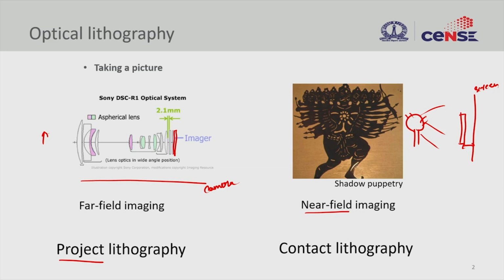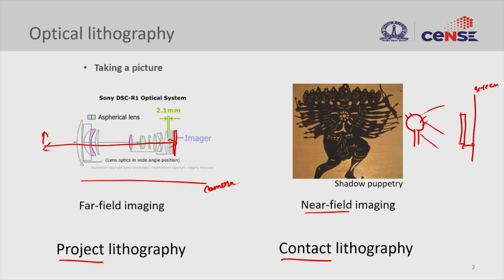But on the other hand, here the object is far compared to the image that you have. I mean, if you have the right lens system, you're talking about imaging some kilometers far images as well. So, since this is very close to the screen, almost touching, this technique is called contact lithography in technical terms.